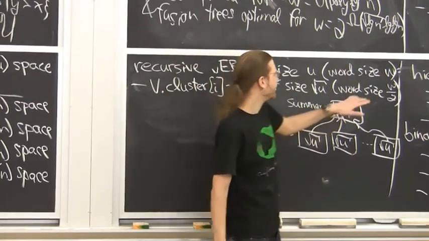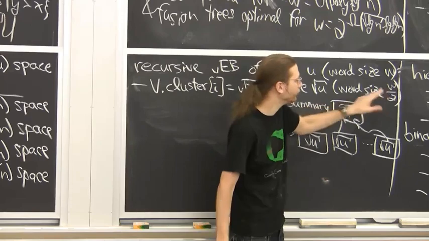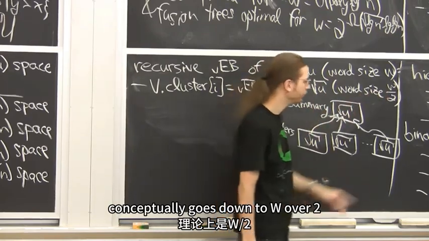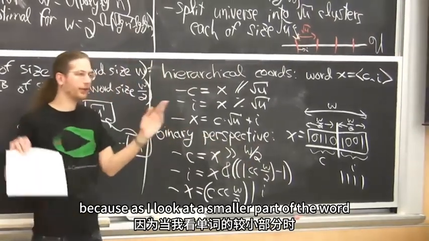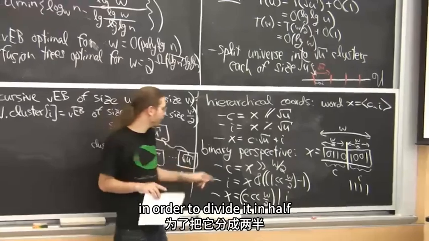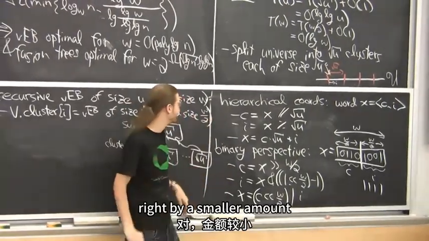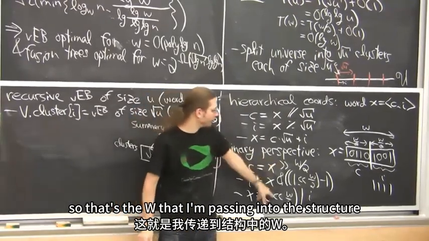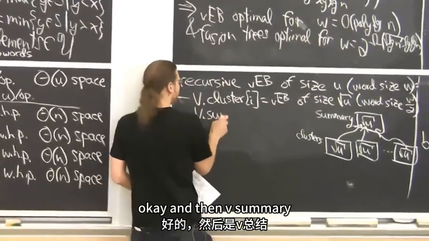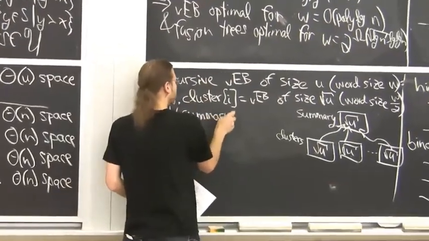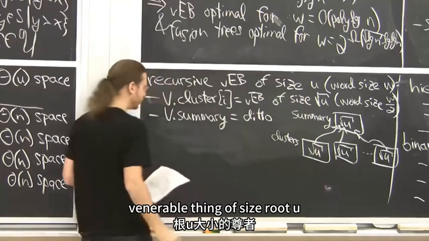But this is just a notational convenience. I want to say the word size conceptually goes down to W over 2 so that this definition still makes sense. Because as I look at a smaller part of the word, in order to divide it in half, I have to shift right by a smaller amount. So that's the W that I'm passing into the structure. And then v.summary is the same thing. It's also a Van Emde Boas structure of size root U.